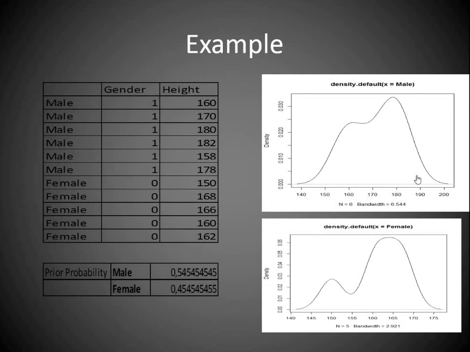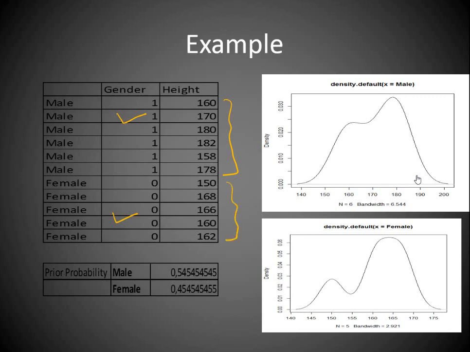So we have got 11 observations, male and female. For male we assign it as 1, for female it is 0. Okay, and we have their corresponding height. Okay, so this is the male height and this is the female height.